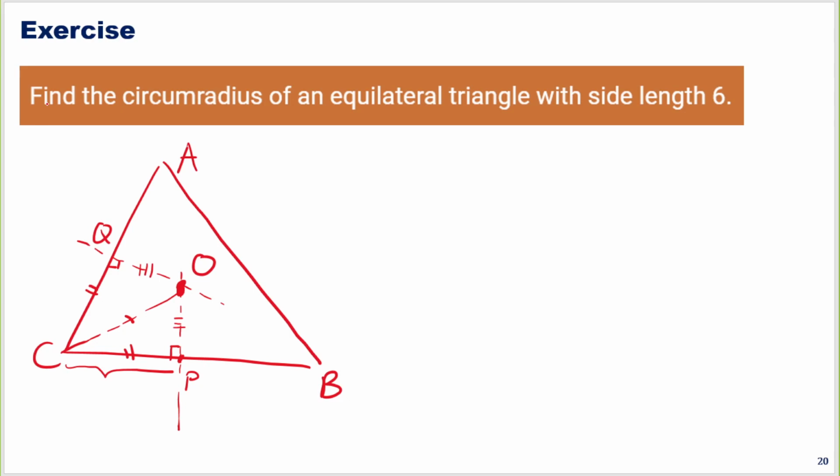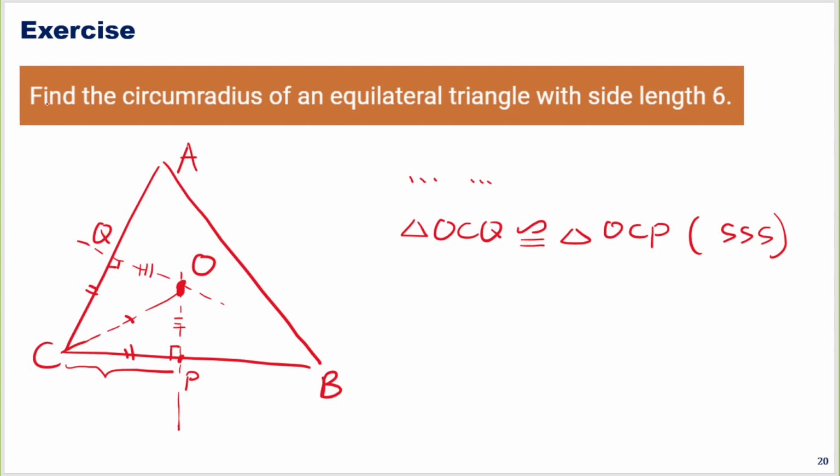Did you get it? Okay, I'm not going to write all of the statements here. You should write this by yourself. So according to the discussion here, we have triangle OCQ congruent to triangle OCP according to SSS, right?